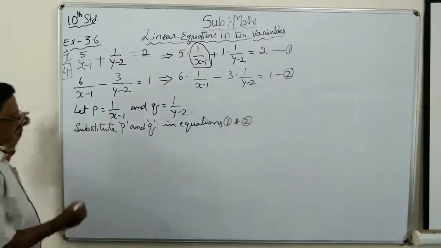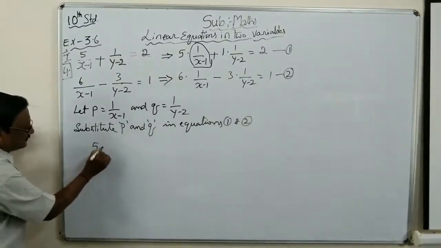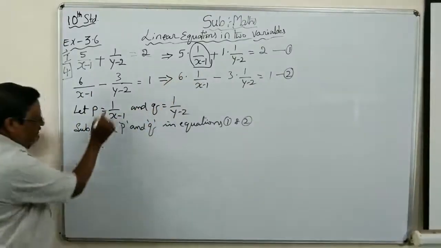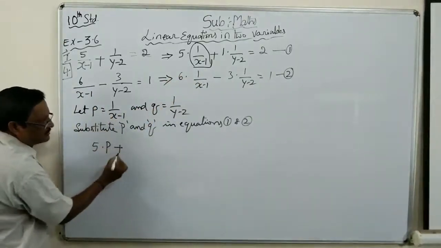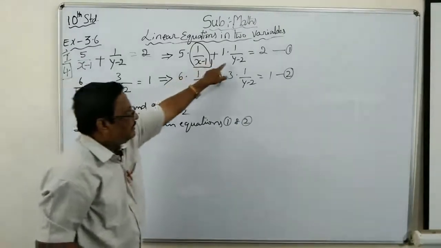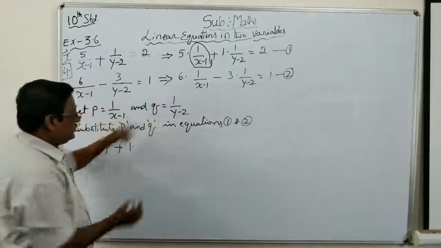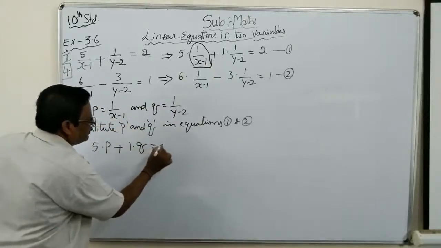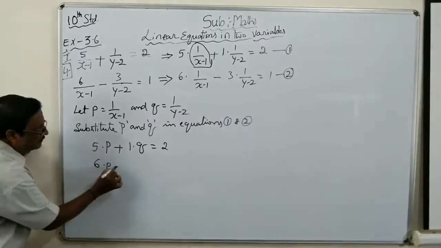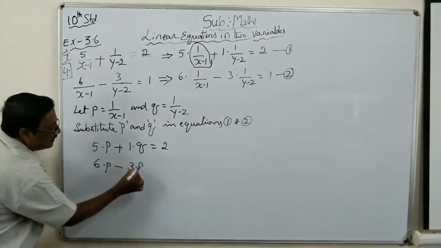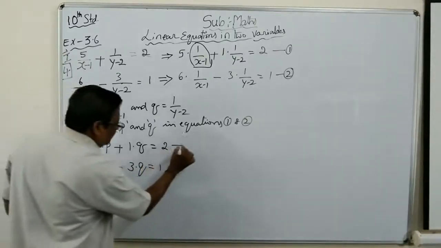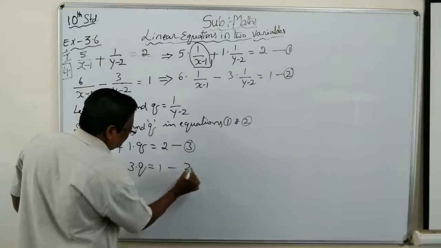The first equation is 5 into 1 by x minus 1, which is p, plus 1 into 1 by y minus 2, which is q, is equal to 2. Next, 6 into p minus 3 into q is equal to 1. This is equation number 3 and this is equation number 4.